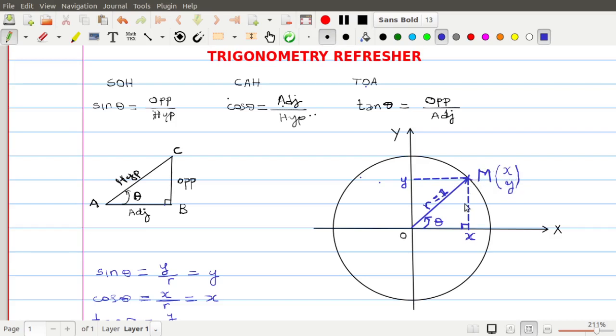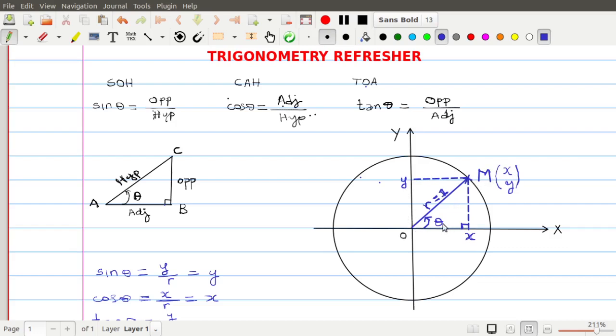So if we project the point M on the x-axis parallel to the y-axis, that is an orthogonal projection, we have the component x, and on the y-axis we project, we get exactly the y component of the point M.